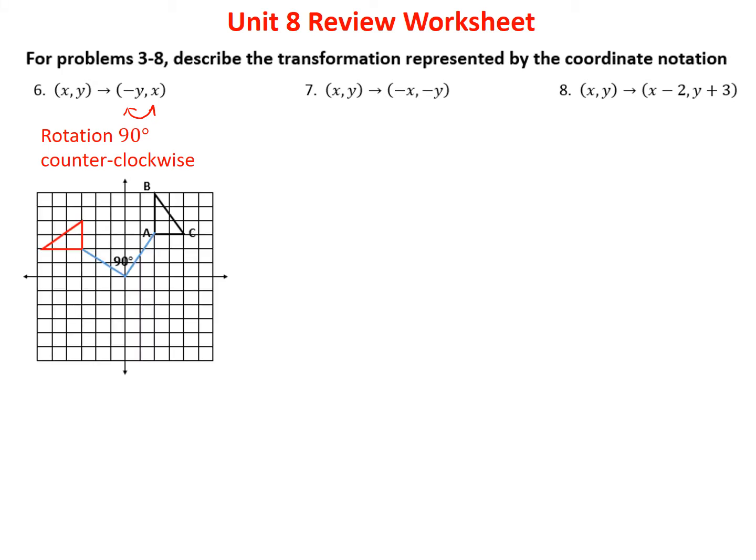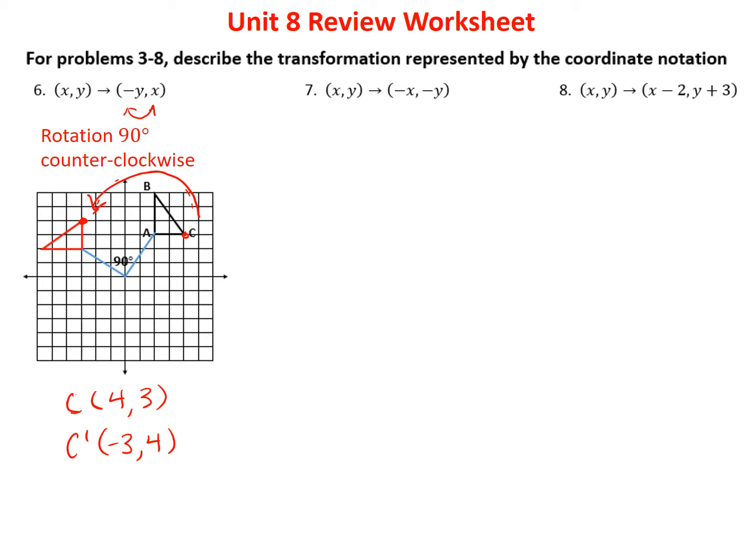Take a point like C. C is the point 4, 3. Now, if I use this rule, C prime is going to be minus 3, 4. And notice if I go over minus 3, up 4, I end up there. And sure enough, you see how that's rotated. And that's a 90-degree rotation.